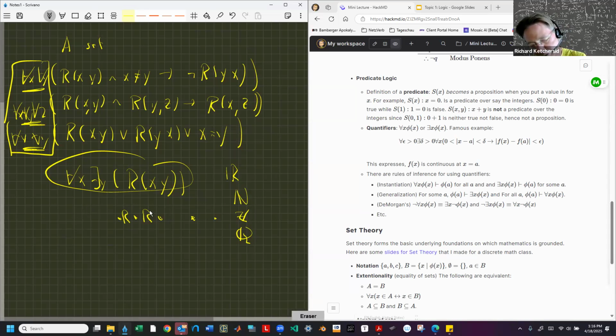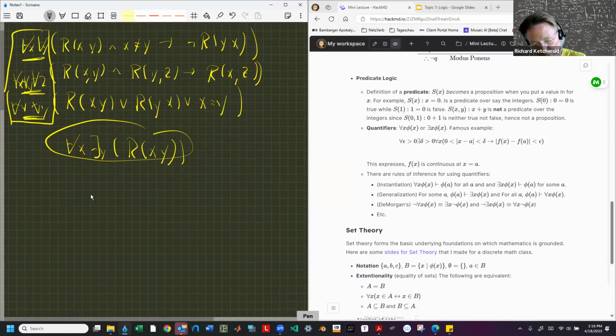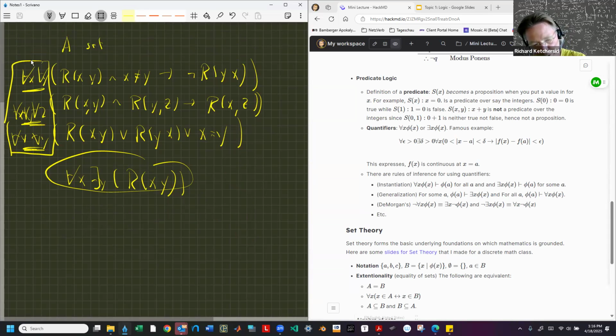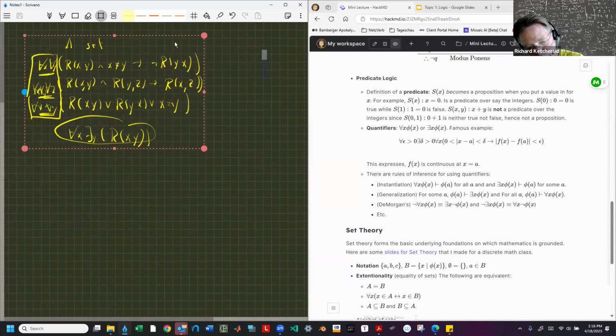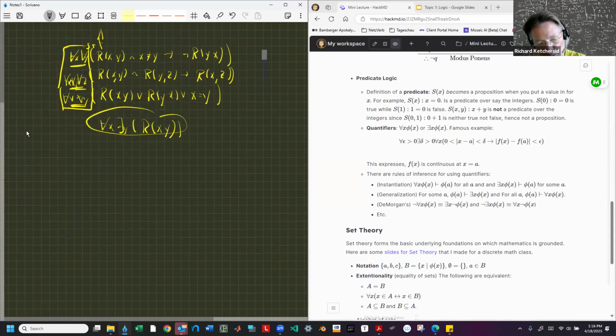But what I do want to do is go through a little proof from these axioms. Actually, let me select these and shrink them a little bit, and put them up here. So there are our axioms we're working with. And I want to show from these axioms that I can find three things. So I want to prove there exist x1, x2, x3, such that r x1 x2 and r x2 x3.